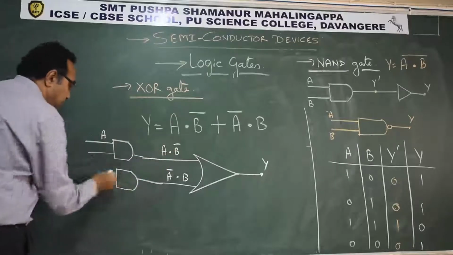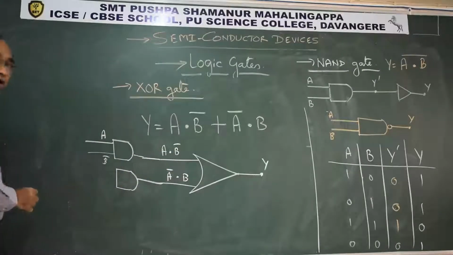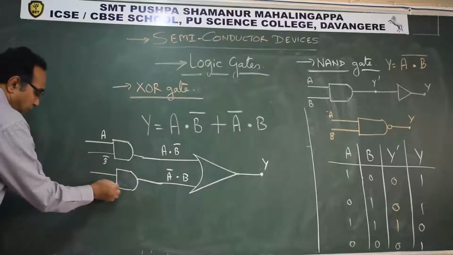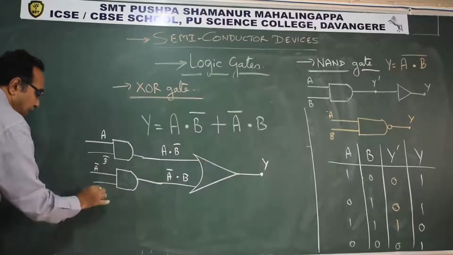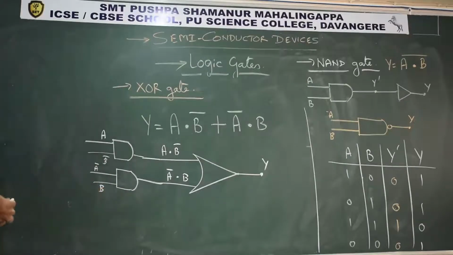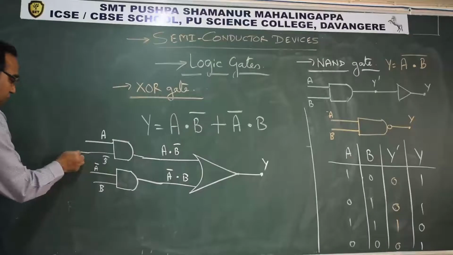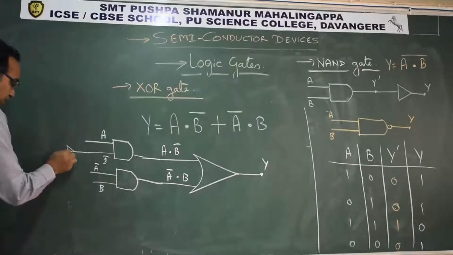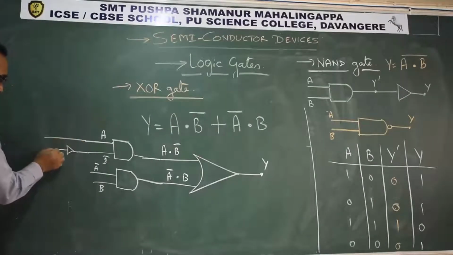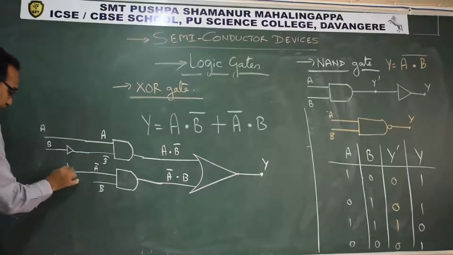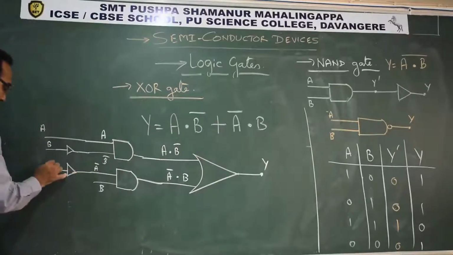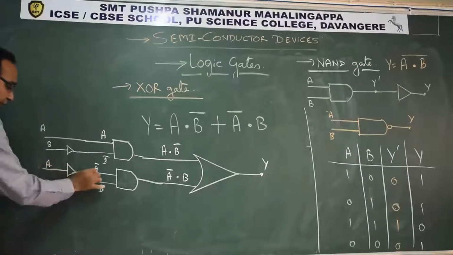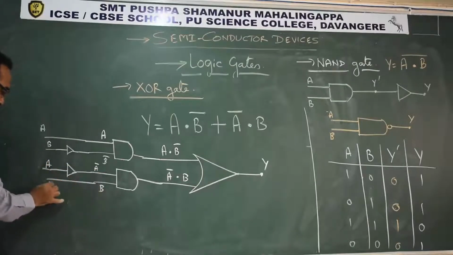A, not B. And the inputs of the other are not A and B. Not B means what? There is a NOT gate here. So this is A, this is B, and here there is a NOT gate. So again we have here not A and B. See how we apply reverse and we get it.